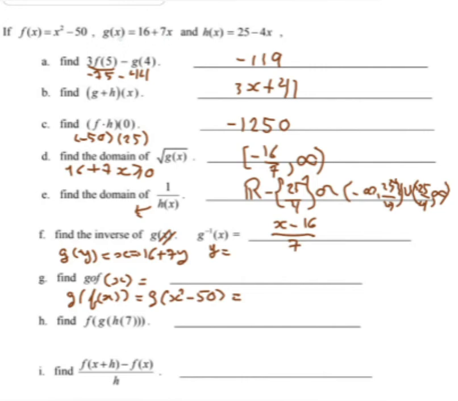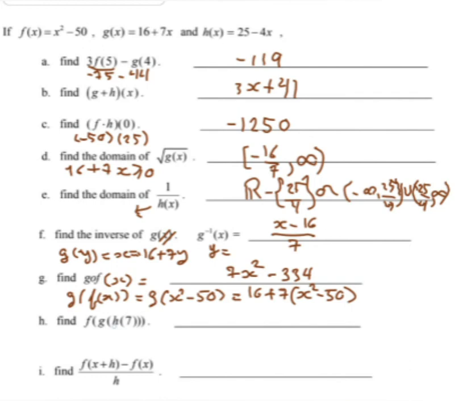Therefore, if you replace x by a squared minus 50, you write on the right 16 plus 7 times a squared minus 50. Simplify: 7a squared minus 350 plus 16, your answer is 7a squared minus 334.